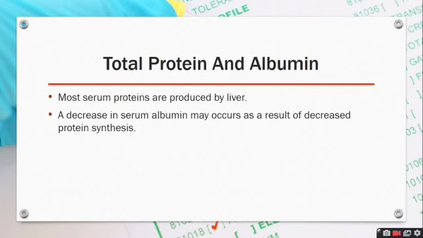If there is a decrease in protein synthesis, then there will be a decrease in serum albumin, showing that these two are directly related to each other. That is, if serum albumin increases, then the total protein increases, and if serum albumin decreases, then the total protein will also decrease.